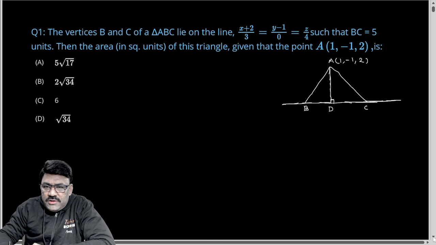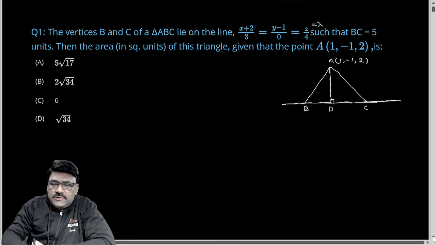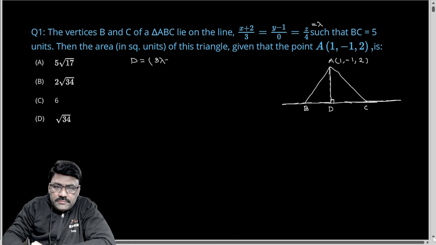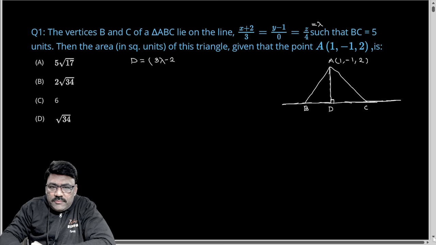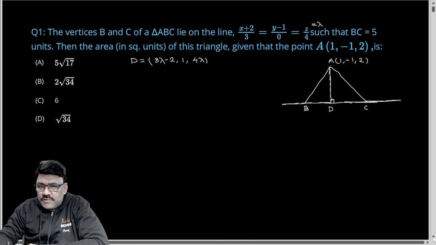And if I equate this given line with lambda, then the D point in lambda form can be written as 3 lambda minus 2, 0 lambda plus 1, and 4 lambda. This is D point, right? So you got the point D.